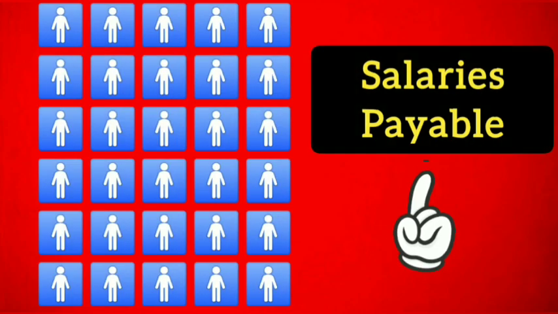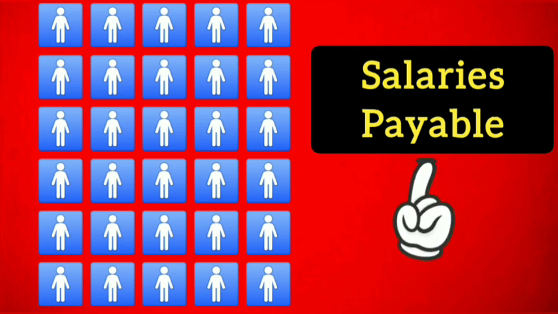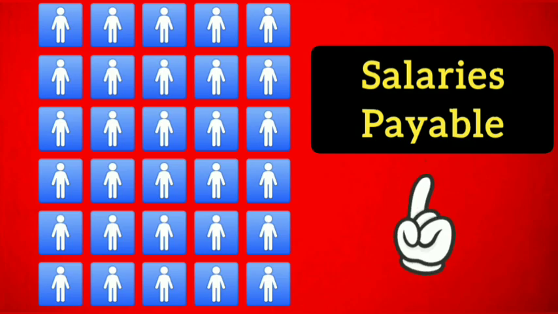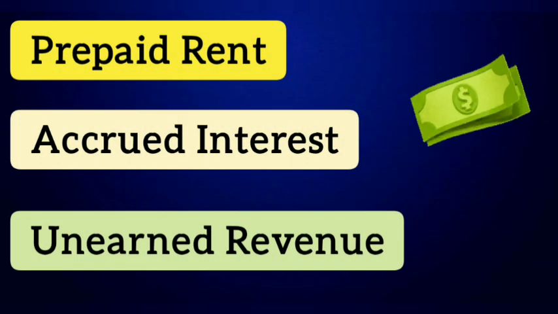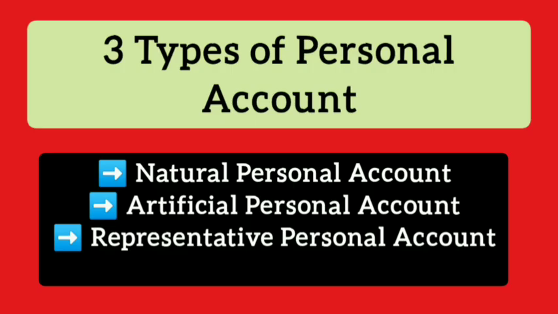The amount due to employees can be shown under one account, that is salaries payable account, which represents all those 100 employees. Similarly, prepaid rent, accrued interest, unearned revenue are all examples of representative personal accounts. I hope these three types of personal accounts are clear to you.